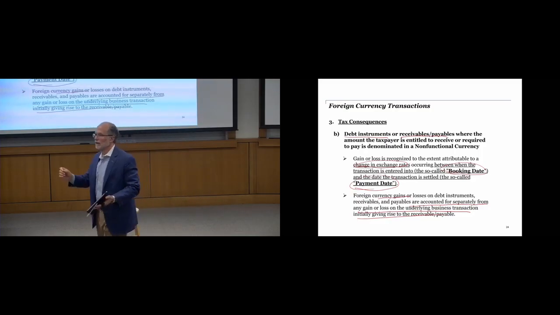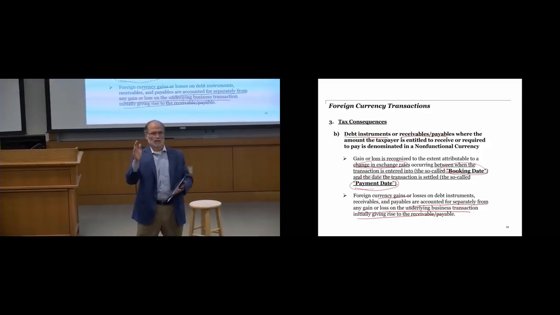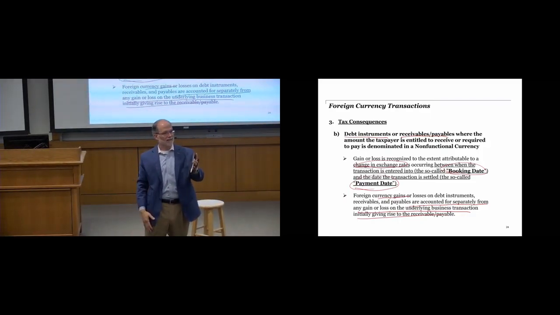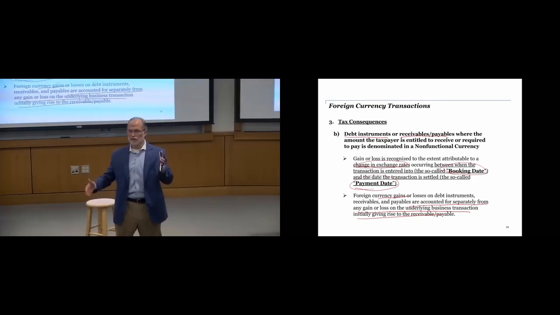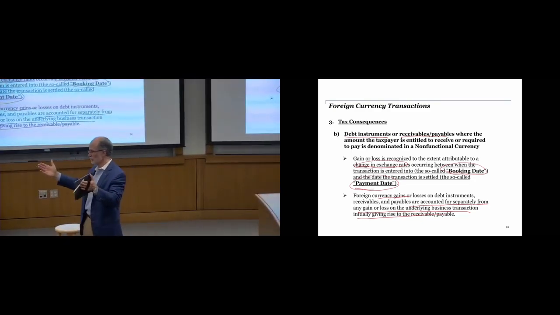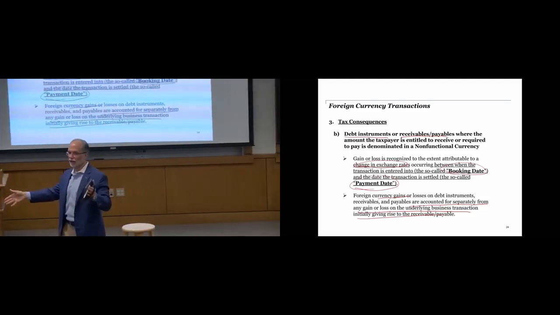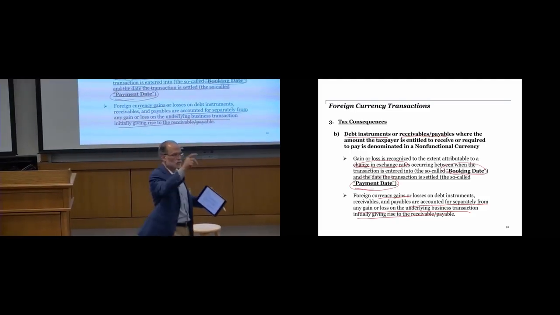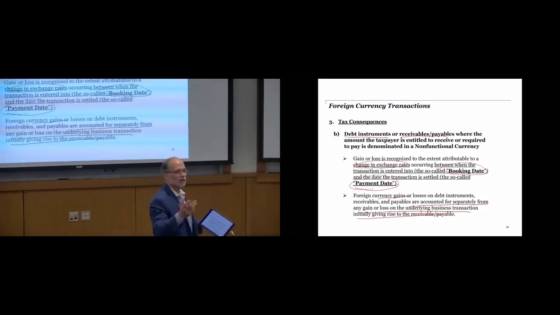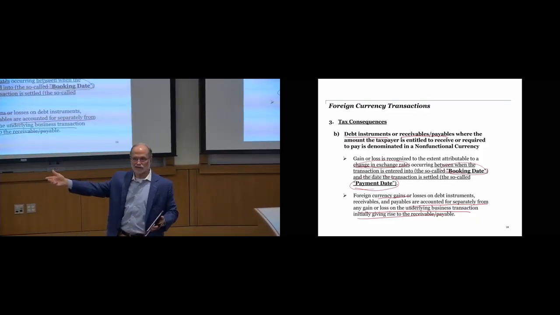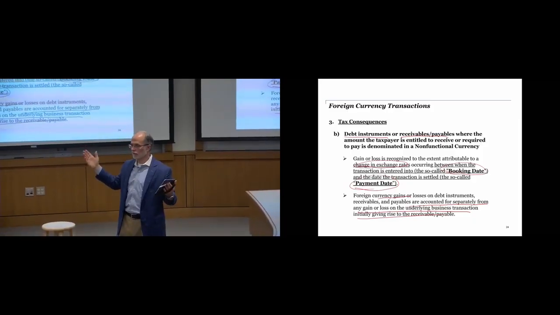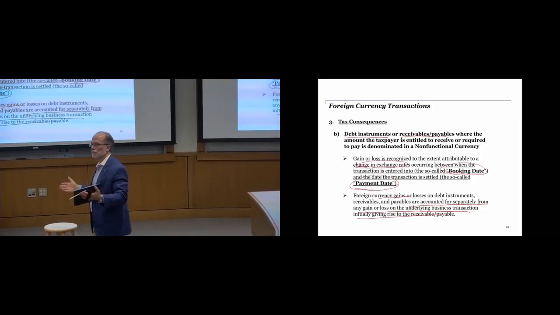Then separately, we're measuring, okay, now I have an asset on my balance sheet, say a receivable, denominated other than U.S. dollars. That's where I'm looking for exchange rate fluctuation between booking and payment. Okay, so I got two steps to that transaction. I just don't have that if I'm doing a domestic sale in U.S. dollars, right? Because then when I collect the U.S. dollars, I don't have gain or loss in U.S. dollars. Okay, so just keep that in mind.